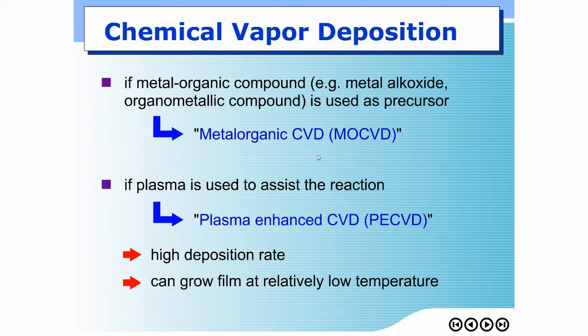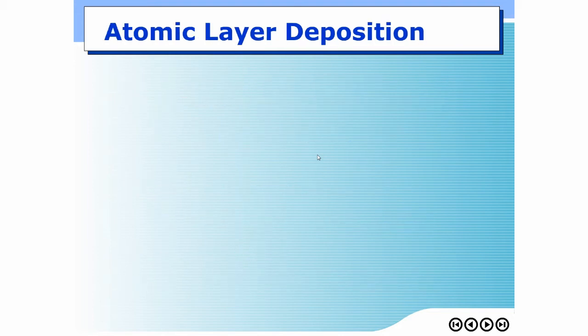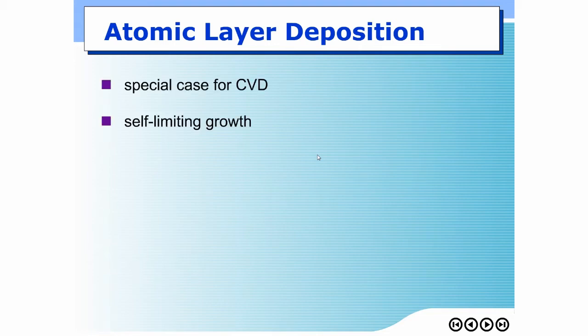Okay, and there's a special circumstance for CVD called atomic layer deposition, or ALD, and in this case we call this technique self-limiting growth. This is different from CVD. In conventional CVD, if you let the reaction run, if you have continuous feed of the precursor to the system, the film would grow continuously.